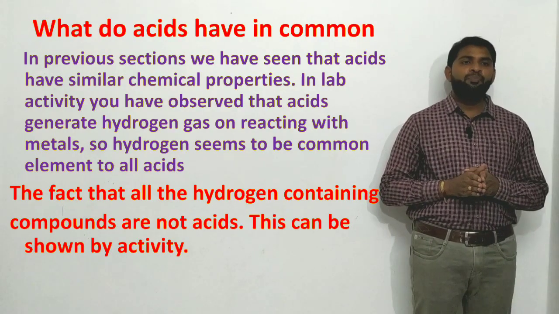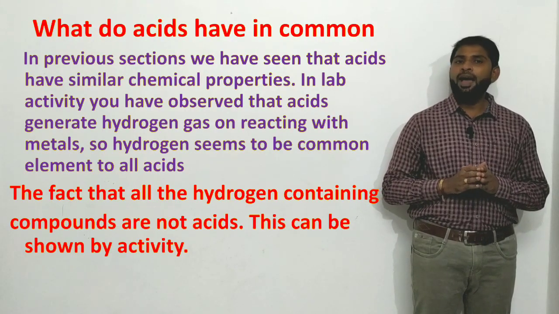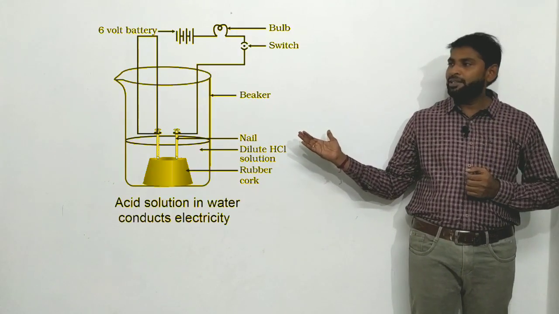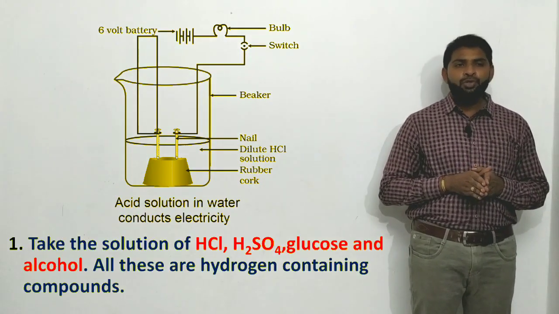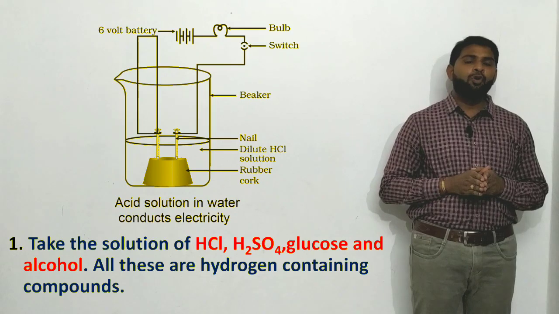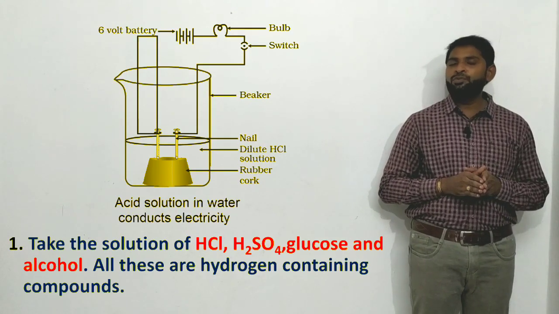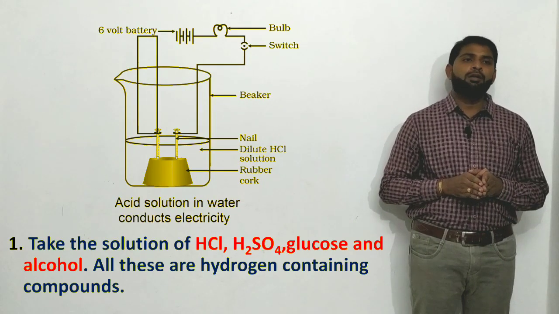The fact is that not all hydrogen containing compounds are acids. This can be shown by an activity. First we have to take the setup like this. Take solutions of hydrochloric acid HCl, sulfuric acid H2SO4, glucose and alcohol.